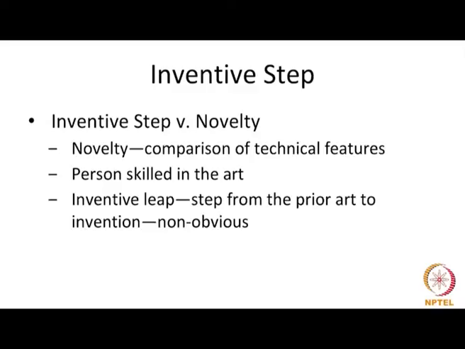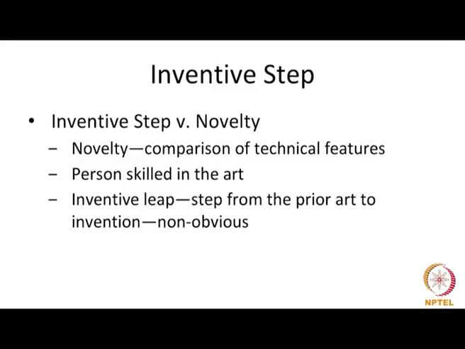It is a hypothetical construct, but the person skilled in the art himself is not instrumental in determining novelty, because the definition of new invention simply does not mention him. Whereas in an inventive step analysis, the key ingredient is to see whether the invention was not obvious to a person skilled in the art.